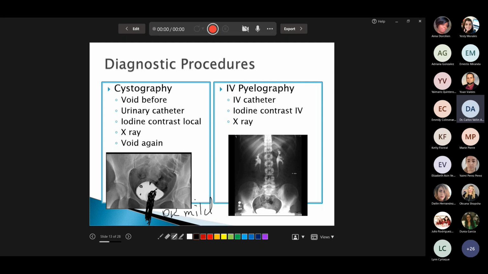No bright red blood. It is going to be a mild hematuria, a mild dysuria, a mild burning sensation, no fever, no intense pain.